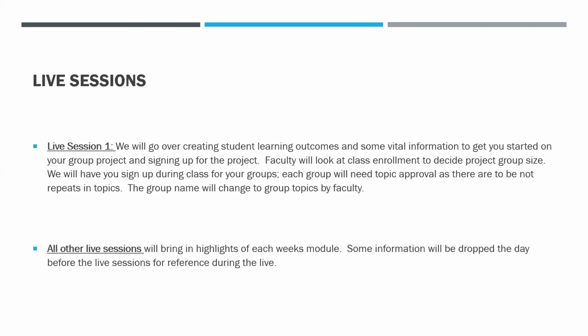We usually like to keep those groups at 3 or 4 students per group, but your faculty will look at the class enrollment and they will let you know on the first day what our size will be for your particular groups. And we ask you not to sign up until that first day, and then we can do that during the class live or right after.